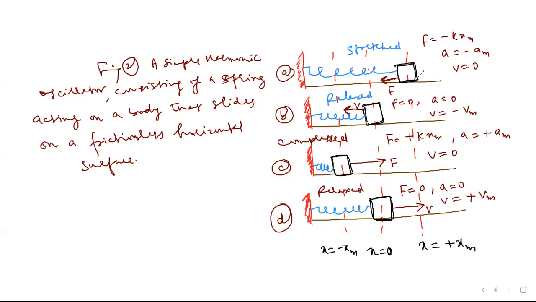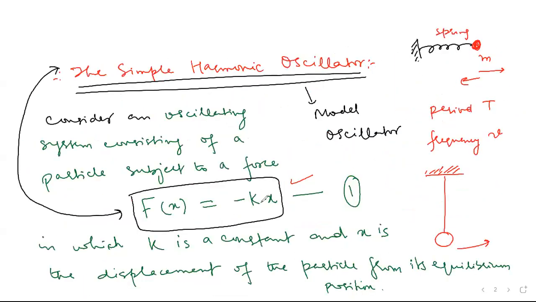Here in part A of the figure, displacement is plus xm, so force will be minus kxm. Why? Because force is minus kx, you have to put for x plus xm.